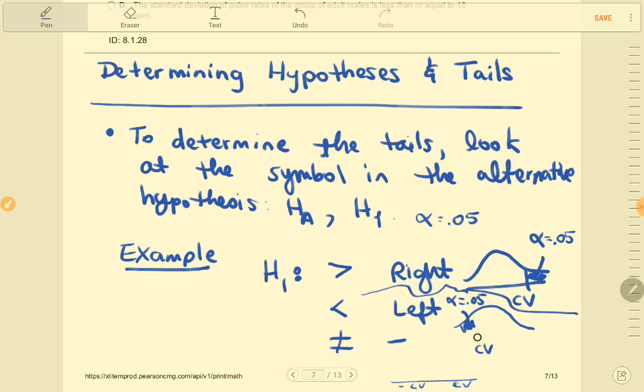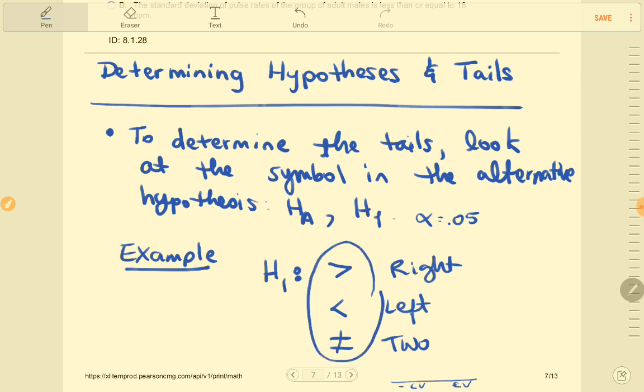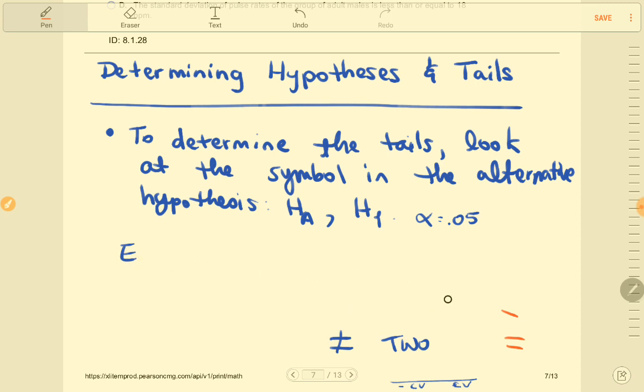Okay, those are the scenarios you can have, and so the types of tails you can have are right, left, and two tails. And that is always based on the symbol in the alternative hypothesis, and the alternative hypothesis can only have one of these three symbols. So the alternative hypothesis should never contain the condition of equality. So you can never ever use this symbol, that symbol, or of course the equal sign for the alternative hypothesis. All right, so that's how we know the types of tails.